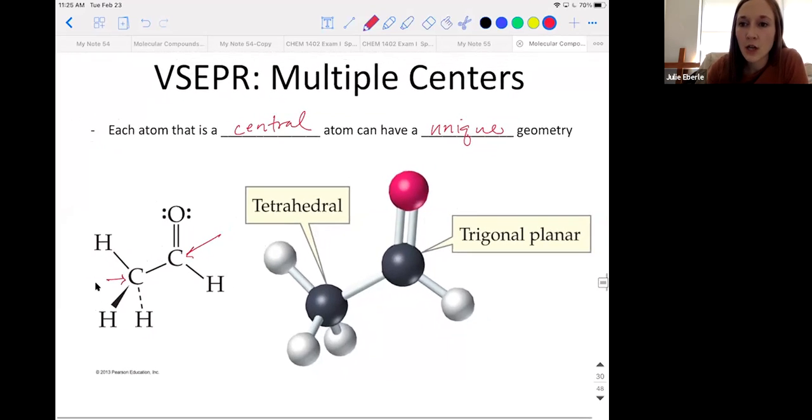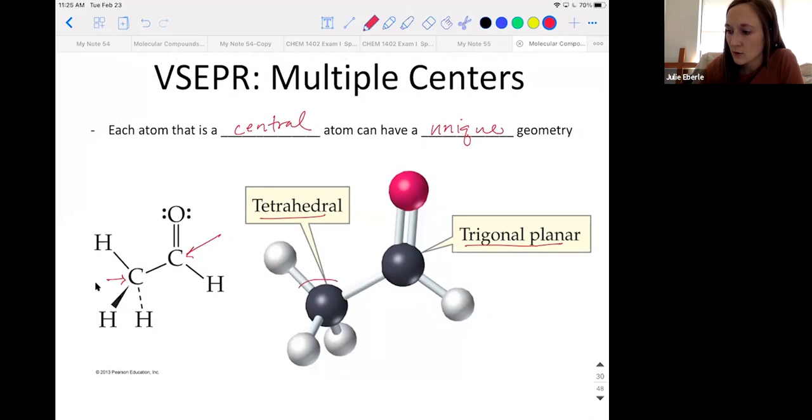If we were going to name the geometry for both of these carbons, you see that they're named over here. How did they get tetrahedral? How did they get trigonal planar? Let's look at this one first. The one on the left, that corresponds to this carbon right here. Tetrahedral. Okay, to be tetrahedral, you have to have what? You have to have 4 bonded atoms, 0 lone pairs.